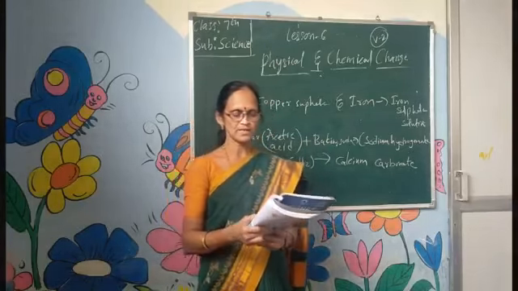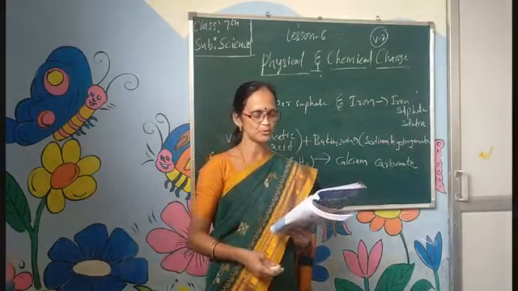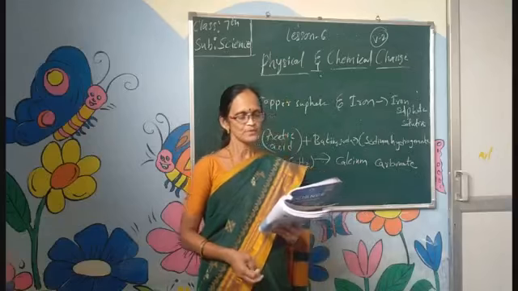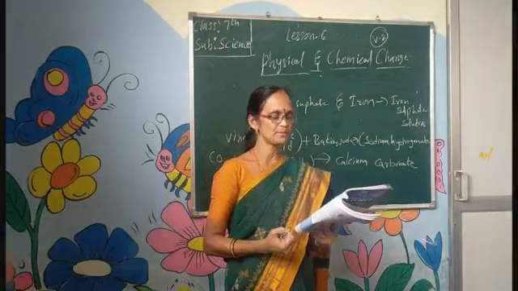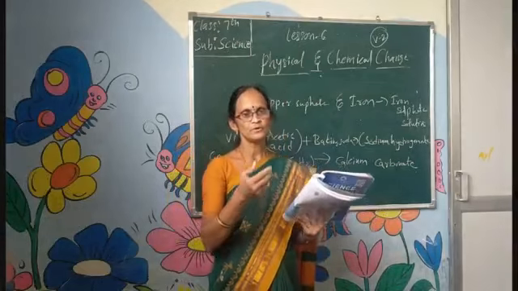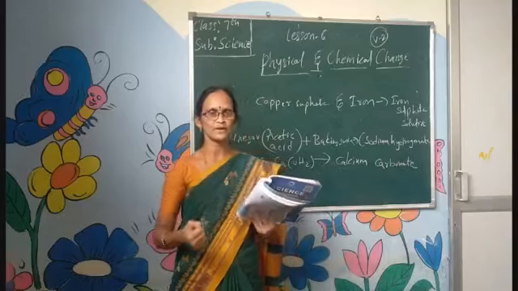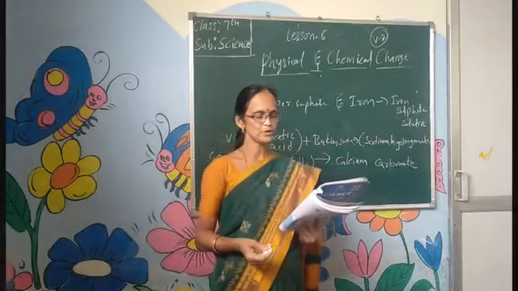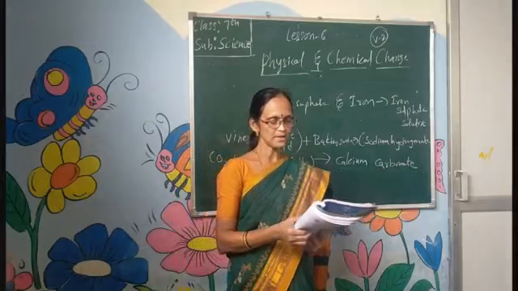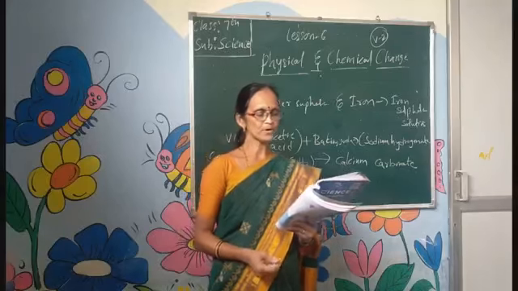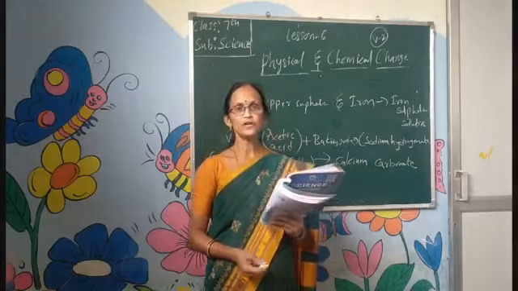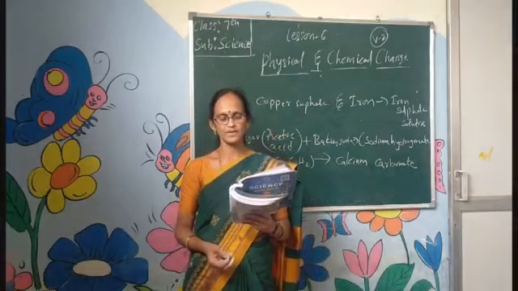Useful new materials such as plastics and detergents are produced by chemical reactions. We are making detergents and plastic using the products of chemical reactions. Indeed, every new material is discovered by studying chemical changes.